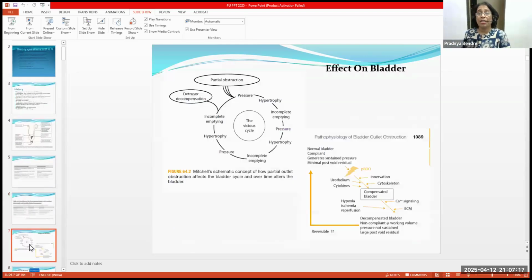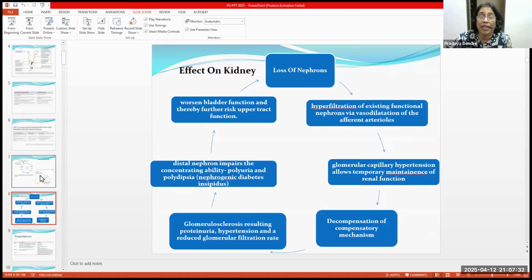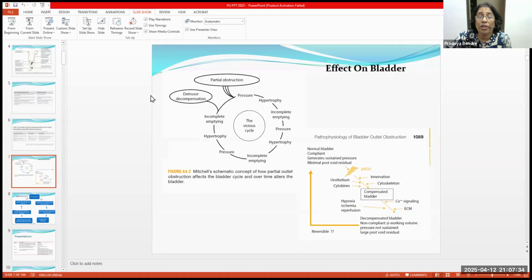Now one must understand a little bit of pathophysiology, why posterior urethral valves progress to renal failure. This obstruction has an impact on the bladder. Obstruction also has an impact on the kidney. These are very well known concepts described in your textbook, so we need not go into much detail.